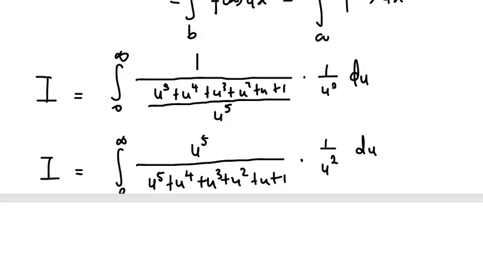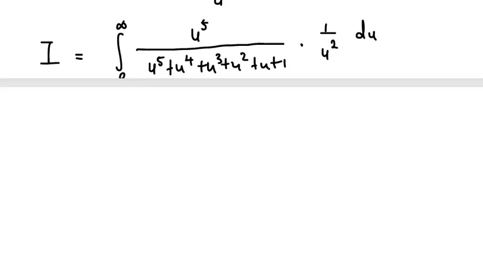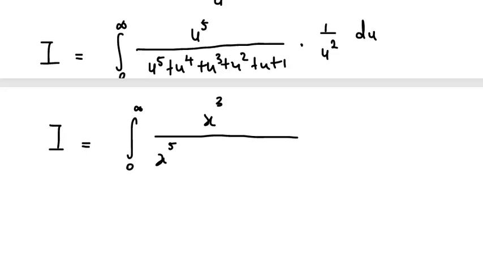So this u to the power of 5 divided by u squared gives us u cubed at the numerator. But remember, u is a dummy variable, so we can change that to x, right? So the integral from 0 to infinity of x cubed divided by x to the power of 5 plus x to the power of 4 plus x cubed plus x squared plus x plus 1, then we have our dx, right?